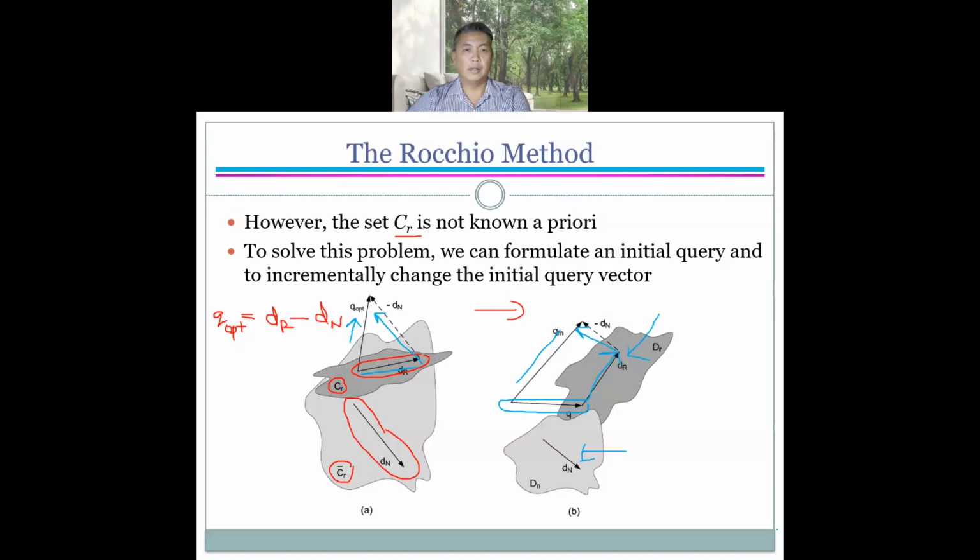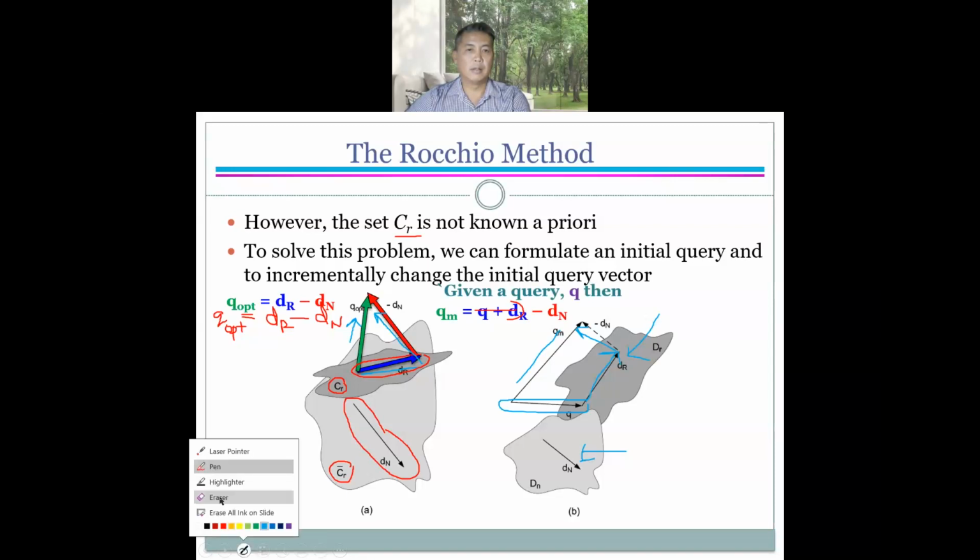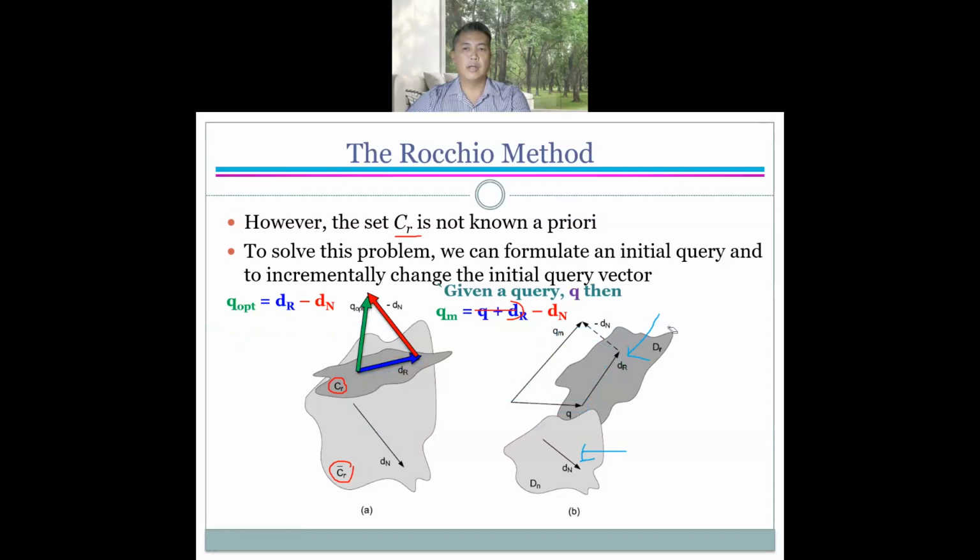So we have the formula here, and let me erase that one. They have all the colors here. The green one is your modified query. This is the theoretical explanation of the Rocchio method.